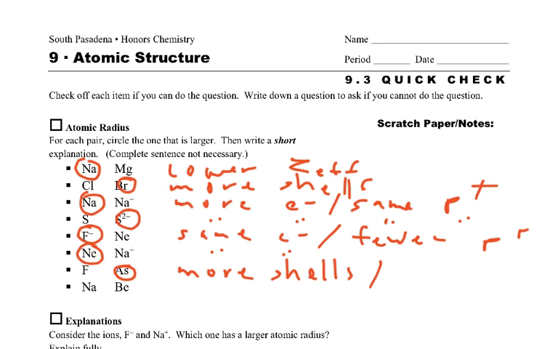And it also has a lower Z effective. So it's the same as the first two, up above. It's those two reasons. And sodium and beryllium, if we look at those, sodium is to the left and down, and it's exactly the same reasons. It's got more shells, and it has a lower Z effective.